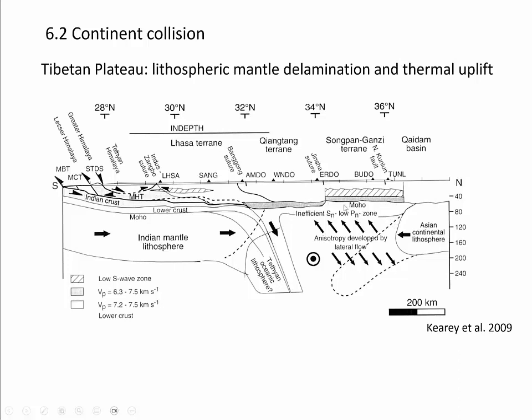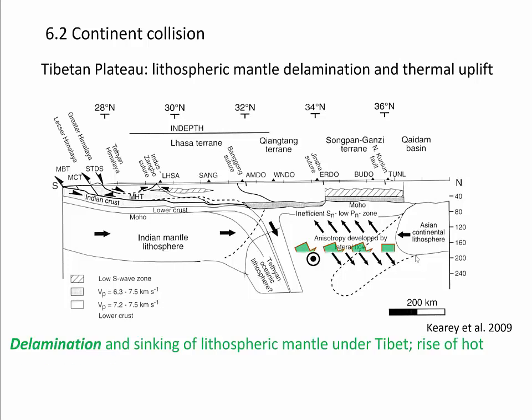The Moho boundary here indicates the crust mantle boundary. Some of the lithospheric mantle is still in place, but the majority of it has broken off and is sinking downwards into the asthenospheric mantle, as indicated by this dashed line that we see here. This downwards movement is called delamination of the lithospheric mantle.